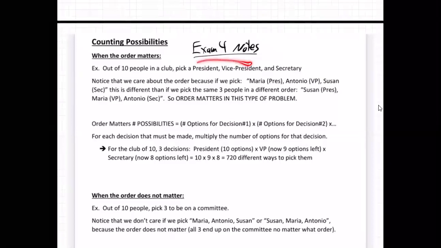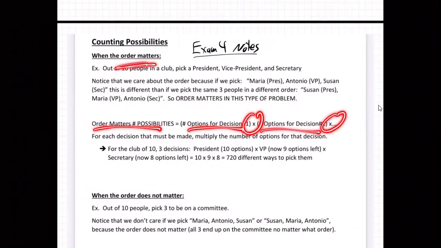From the exam 4 notes, when order matters, we'll get to some in a minute where the order does not matter. But for now, order matters. What do you do? When the order matters, it's about options and decisions, isn't it? You take each decision and you write the number of options for decision 1 times the number of options for decision 2 times the number of, et cetera.